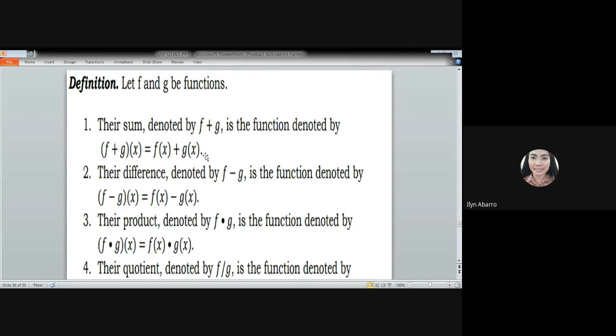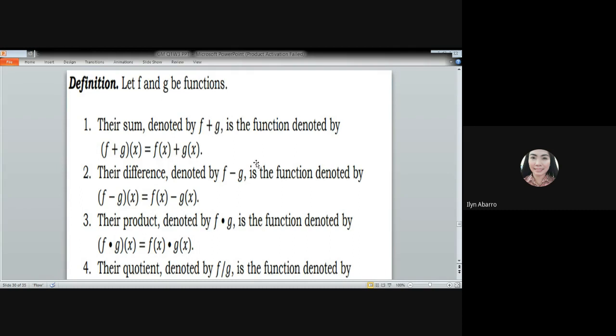Okay? Kapag addition of function, f plus g of x is equal to, distribute nyo siya, f of x plus g of x. Yun siya.